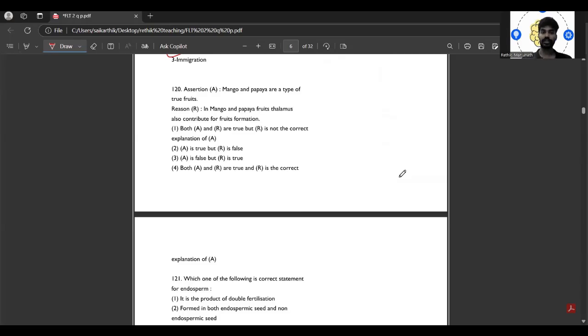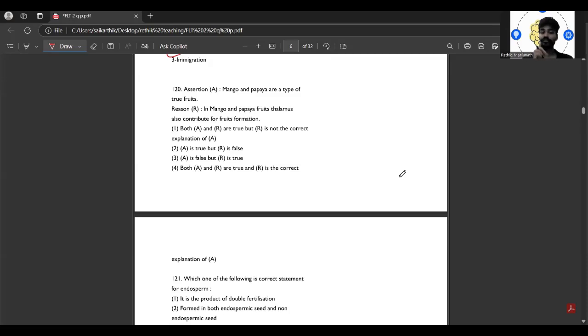One is the assertion and the next is the reason. The assertion is: mango and papaya are a type of true fruits. And the reason they're giving is that in mango and papaya fruits, the thalamus also contributes to fruit formation. We need to understand that this is actually not correct.